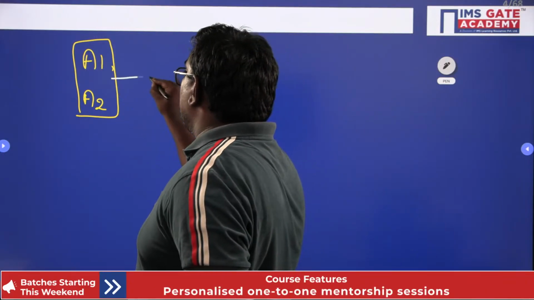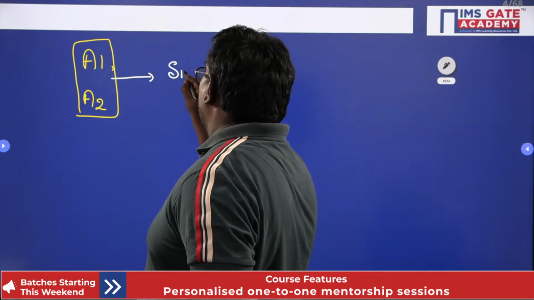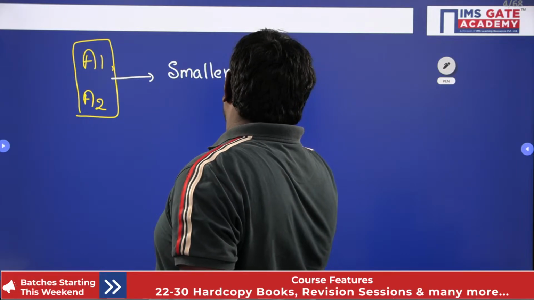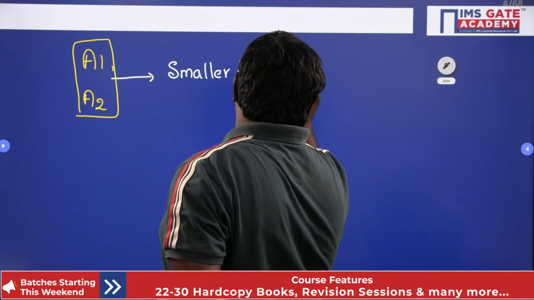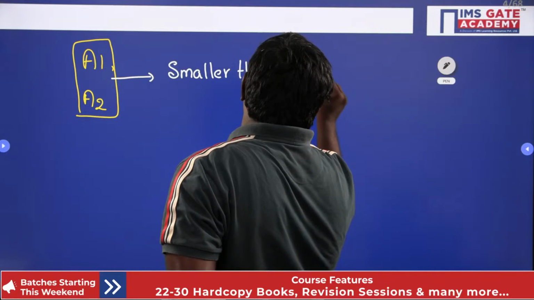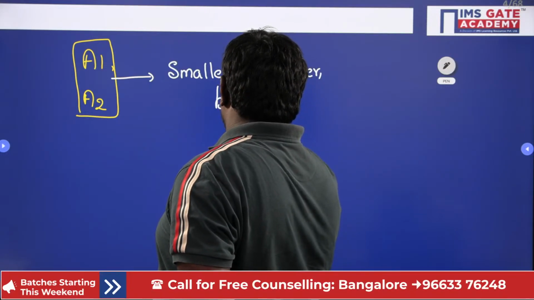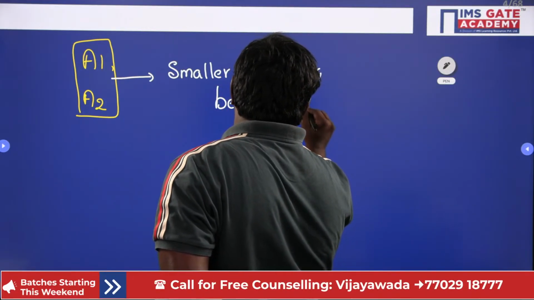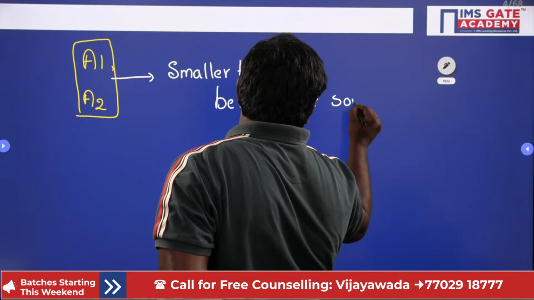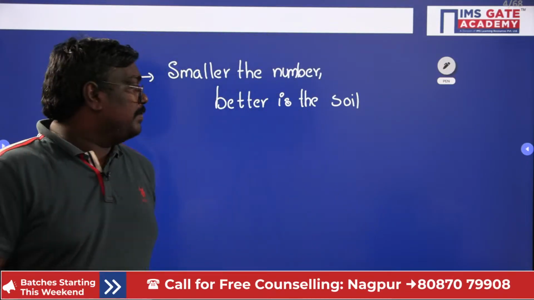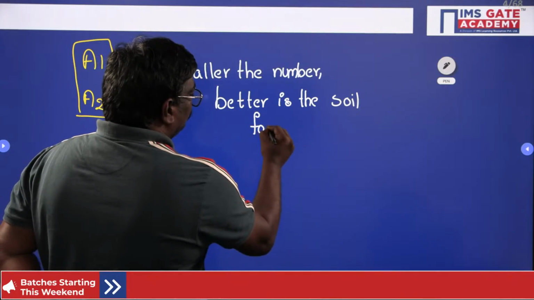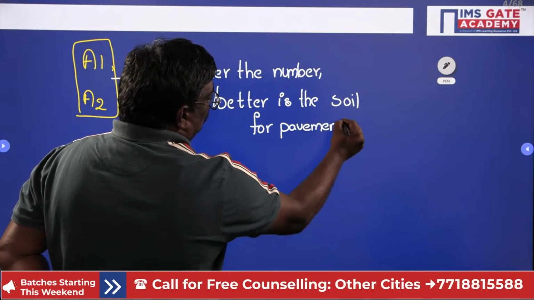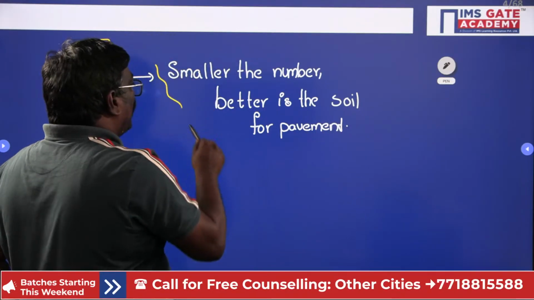So here I will tell you, smaller the number, better is the soil for pavement.